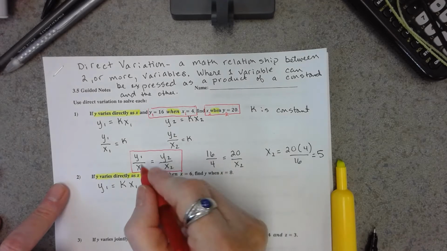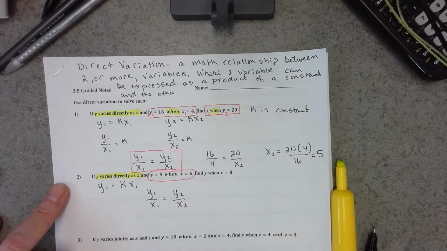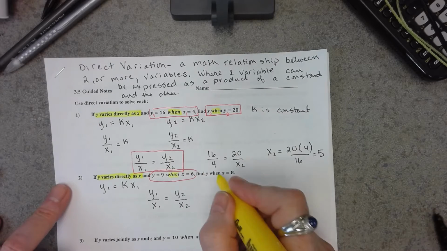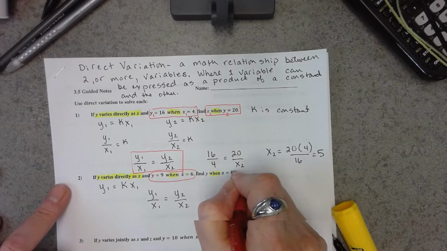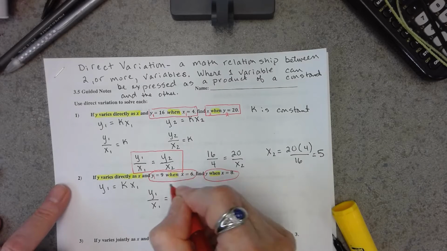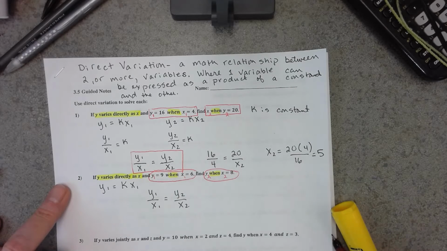Here I see that y is equal to 9 when, there's our linking word, x is equal to 6. We've got the same thing going on here. We've got y when x is 8. So we're going to call this y1 and x1, and here y2 and x2.